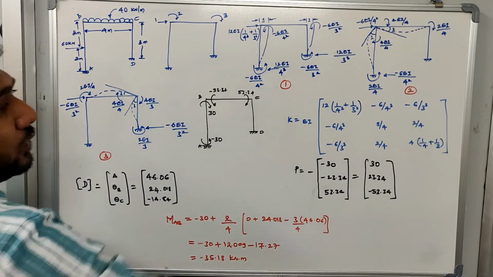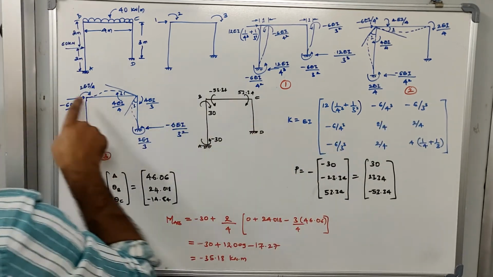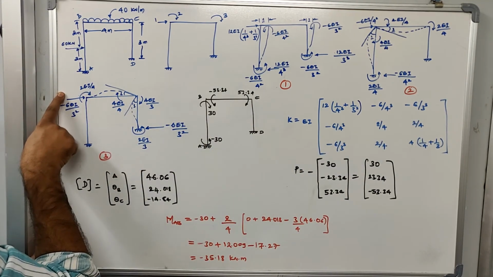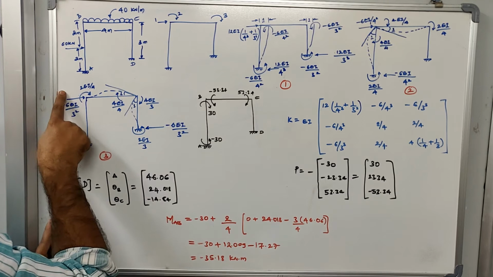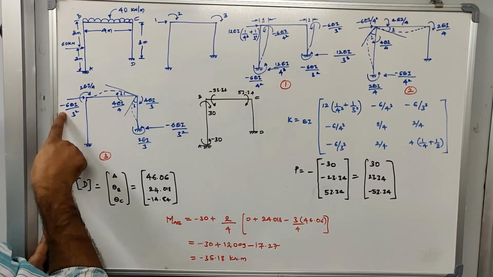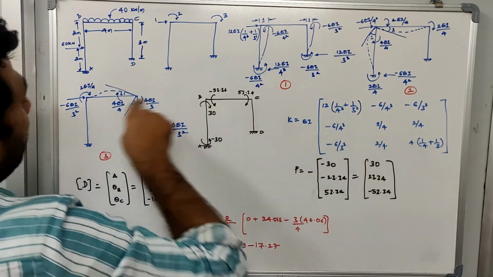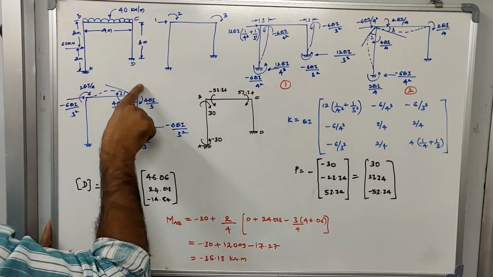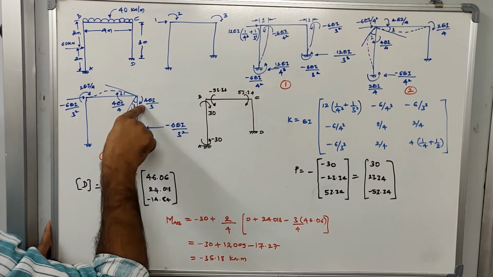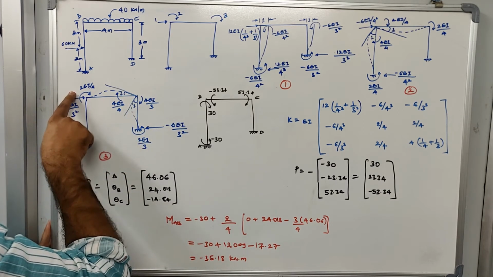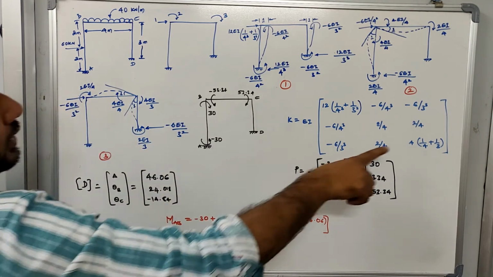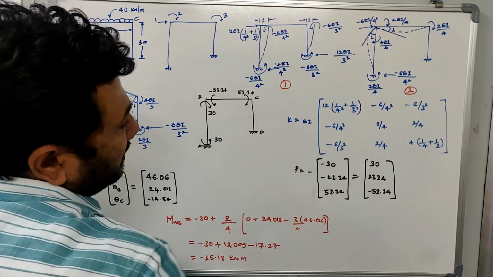Okay, so as we know these terms already, this is your force that is generated because of application of unit rotation at the third coordinate, which is minus 6EI divided by 3 square, and this is 2 by 4. Okay, so the rotation is applied at the third coordinate, and the moment that is created is 2EI by 4, that is written here. So this completes your stiffness matrix.